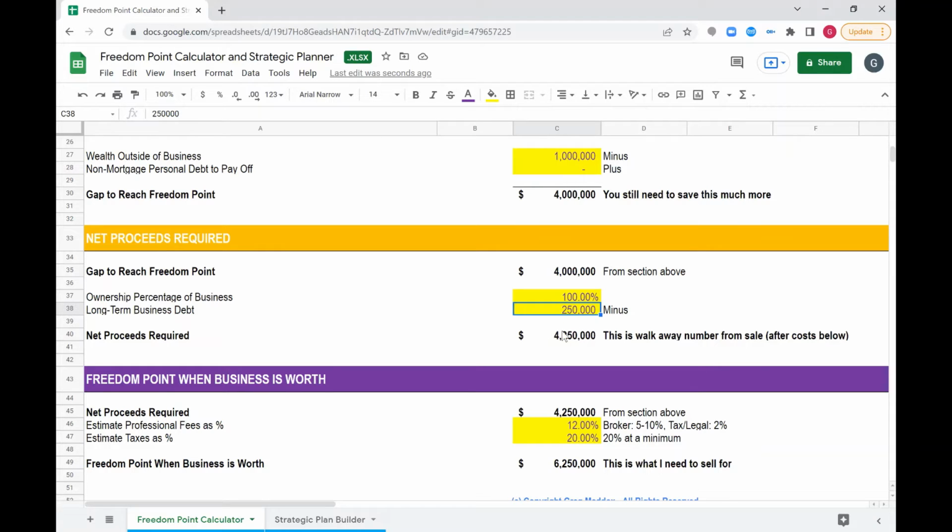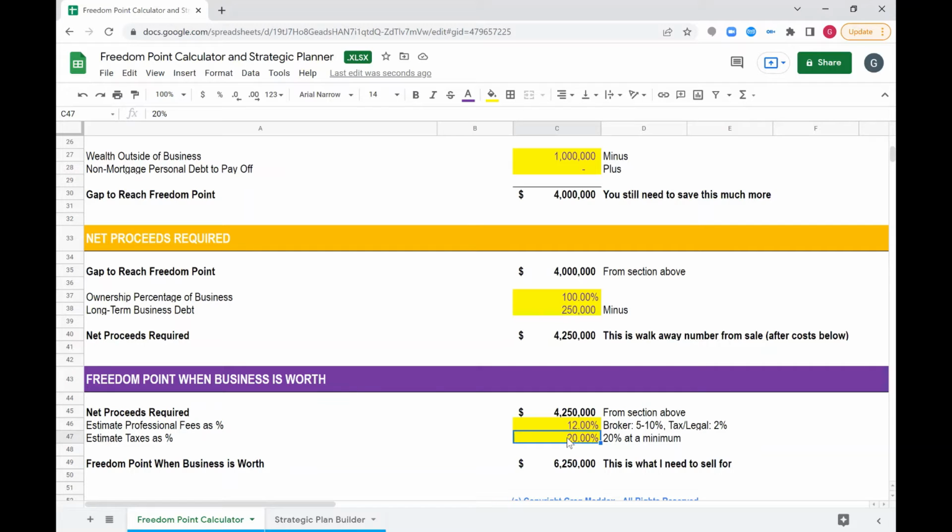That tells me that I need to walk away after taxes, after fees with $4.25 million if I were to sell this company. That would cover the 250 in debt and leave me the 4 million that I needed to add to the million I already got to get to my 5 million, which would comfortably fund what this person's looking to do next. We do make some assumptions on taxes and fees. This is not tax, legal, or investment advice. This is meant to get the conversation going.